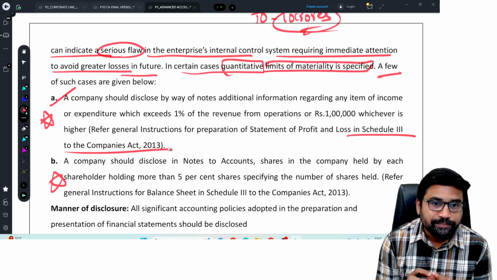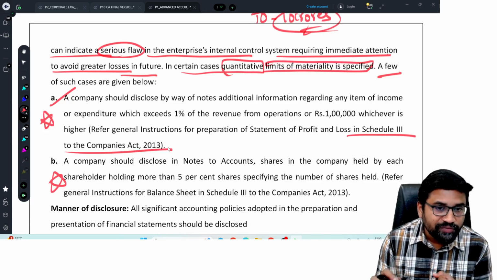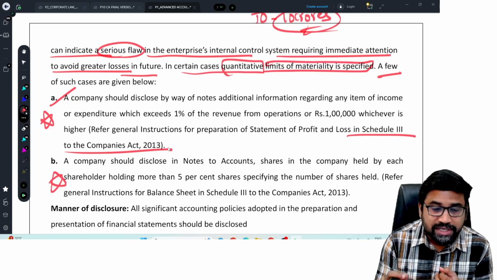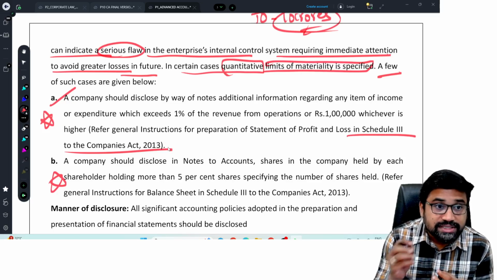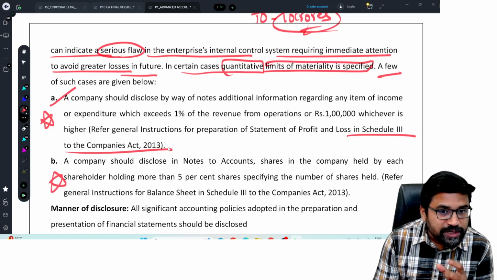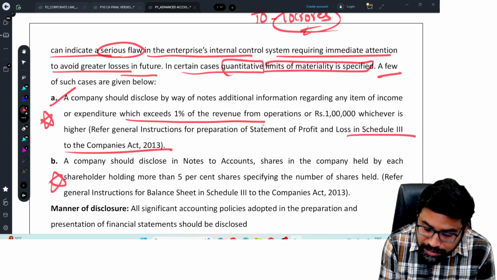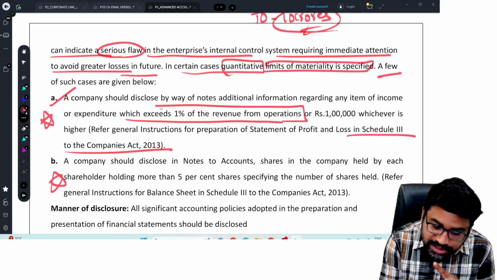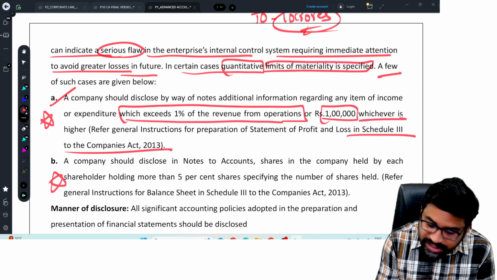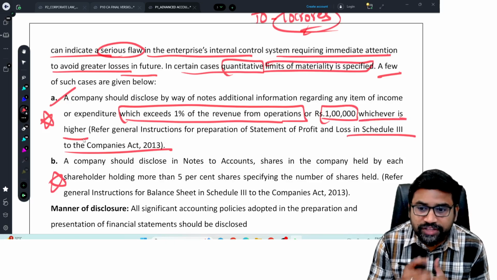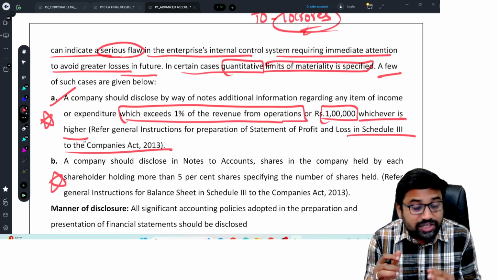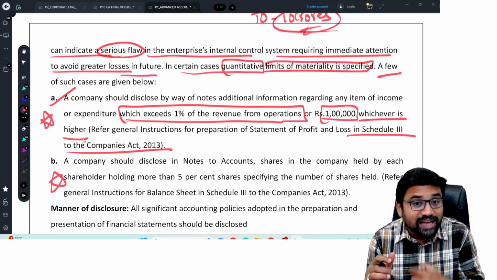What they're saying is, every company, when preparing financial statements, P&L account, notes to accounts, needs to disclose separately in respect of each income or expenditure that exceeds 1% of revenue from operations or 1 lakh, whichever is higher. They need to disclose 1% of revenue from operations or 1 lakh, whichever is higher.